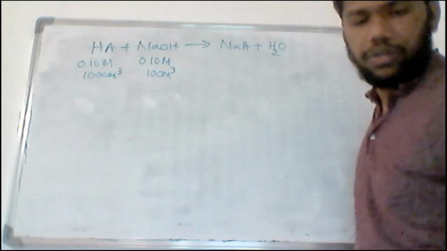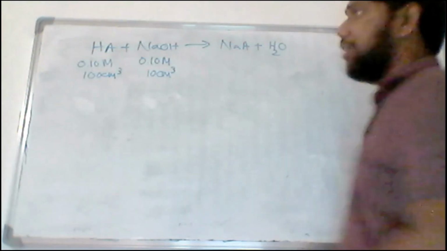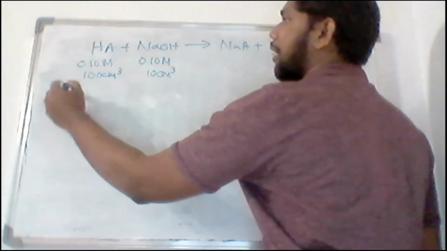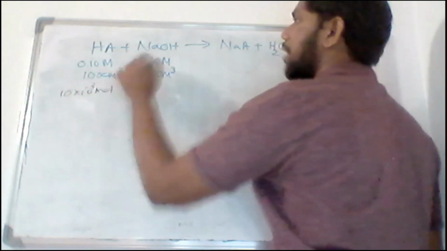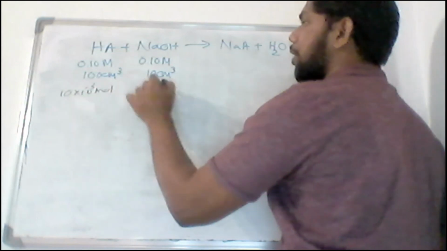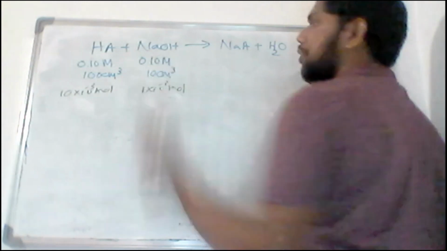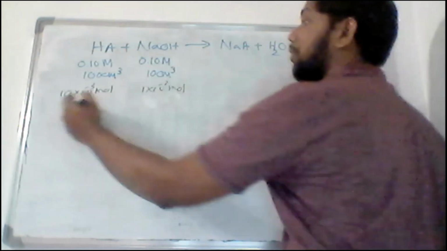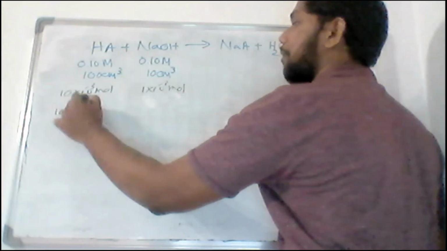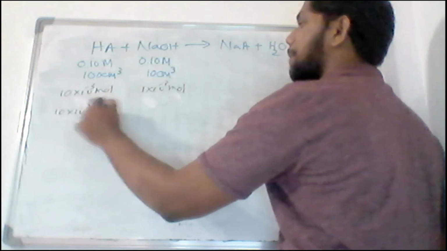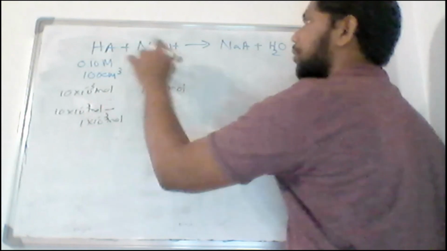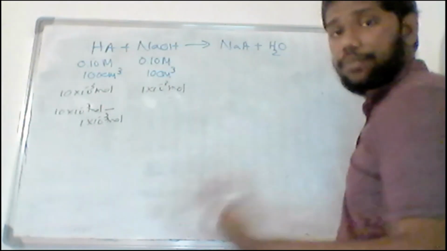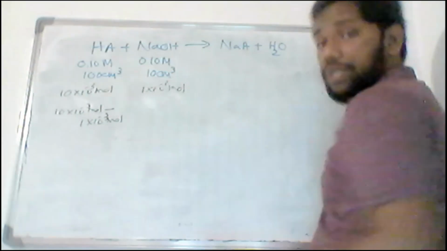At the end, there will be 10 into 10 to the power minus 3 moles of HA and 1 into 10 to the power minus 3 moles of NaOH. NaOH will react completely because it is the limiting reagent here.